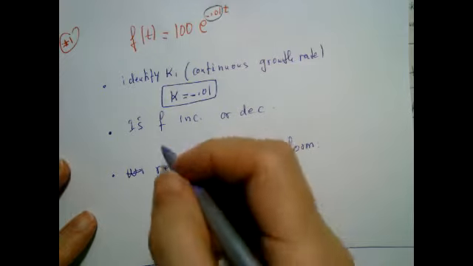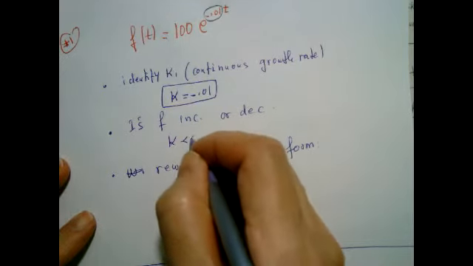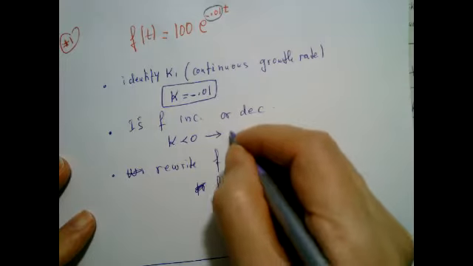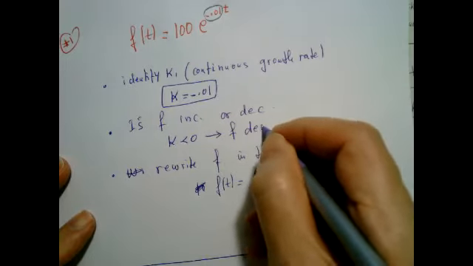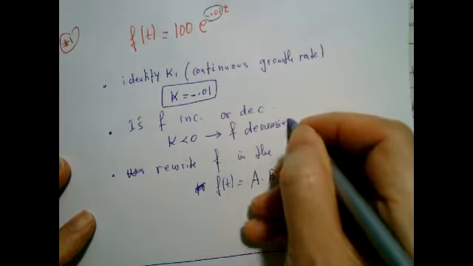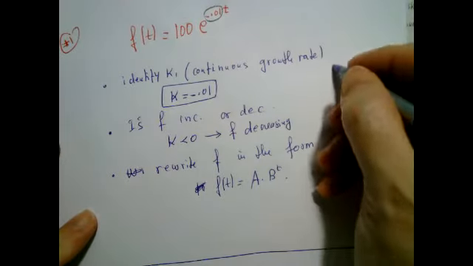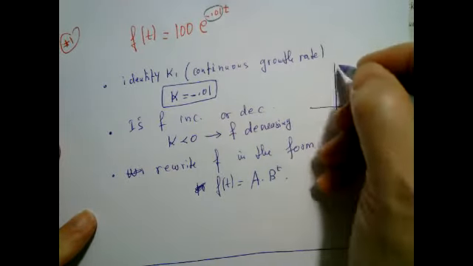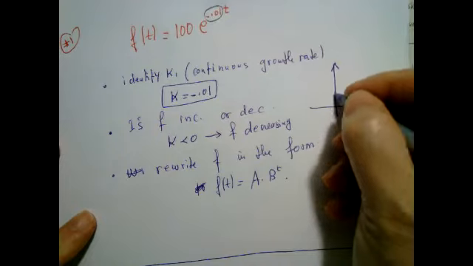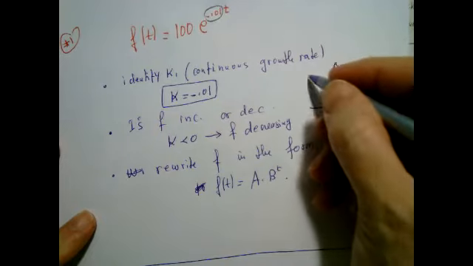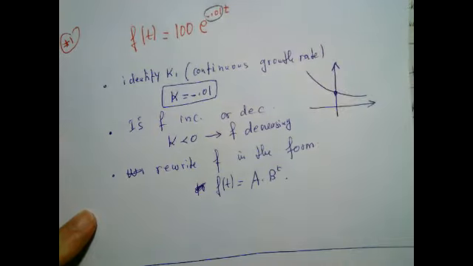K is negative, so my function is decreasing. If I graph it, it starts at 100, that's the initial value, and it's decreasing. So it's going to go like that.